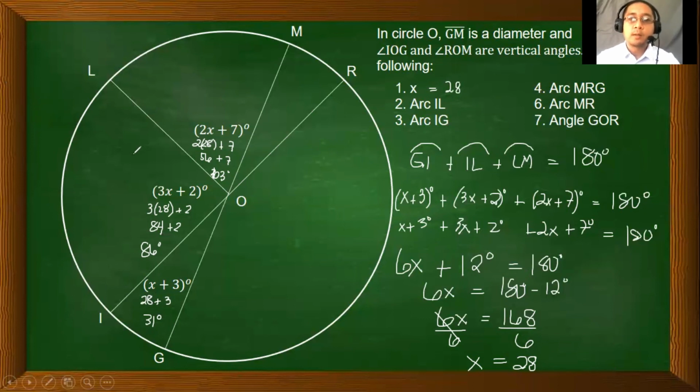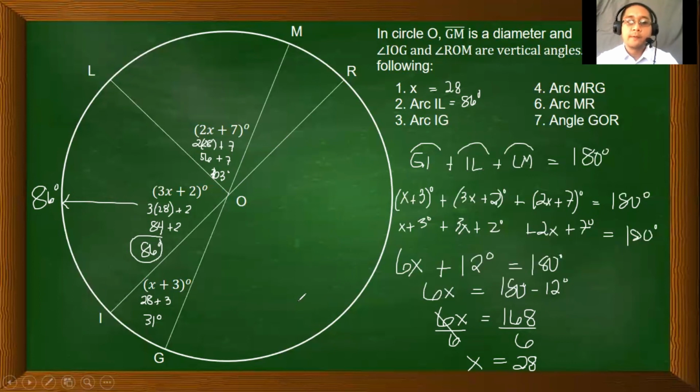Now let us proceed to arc IL. Based on the solving that we had, we have the value of x. So all we need to do is substitute and we got the result, which is 86 degrees. So therefore, applying the central angle theorem, the intercepted arc is equivalent to 86 degrees. So the measurement of arc IL is 86 degrees.